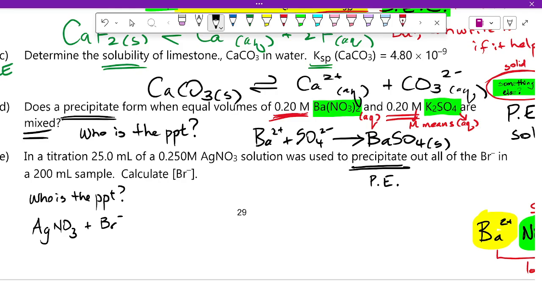So these are what we're starting with, the AgNO3 and the Br minus. Who is the precipitate when you mix those two things?